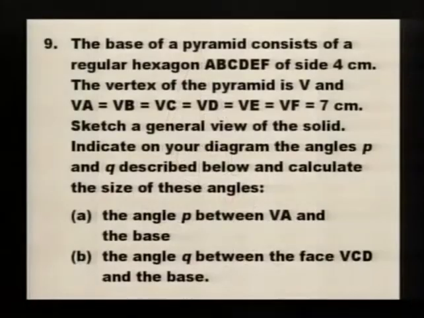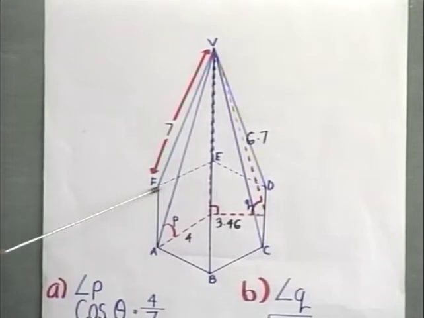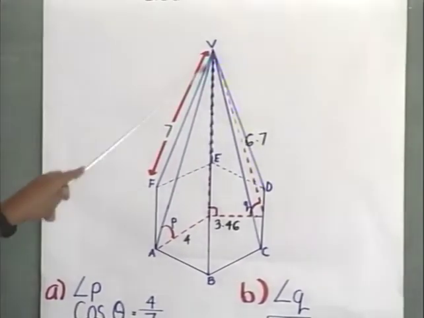Question 9 reads, the base of a pyramid consists of a regular hexagon ABCDEF of side 4 cm. The vertex of the pyramid is V, and VA equals VB equals VC equals VD equals VE equals VF equals 7, this length here.